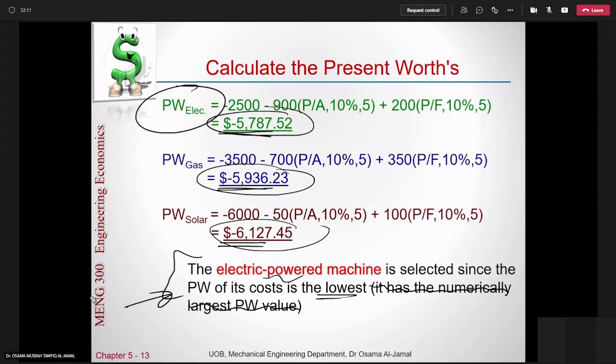Based on your calculation, not on the actual one, because later on your decision will be based on what you get.